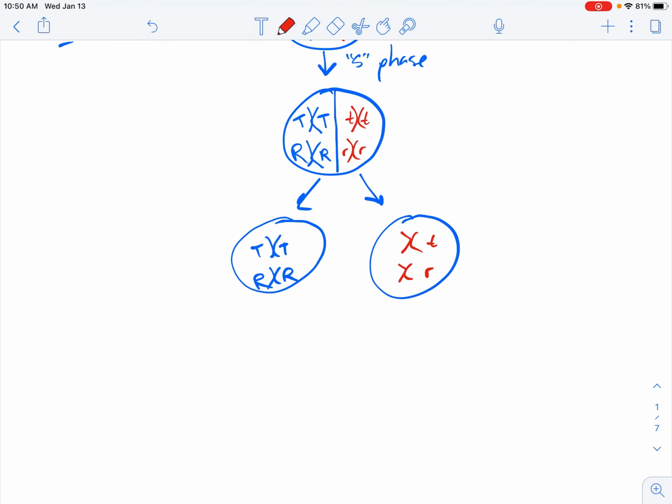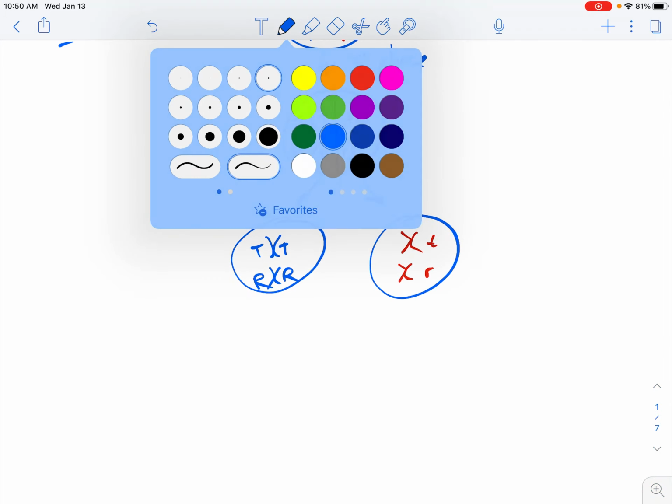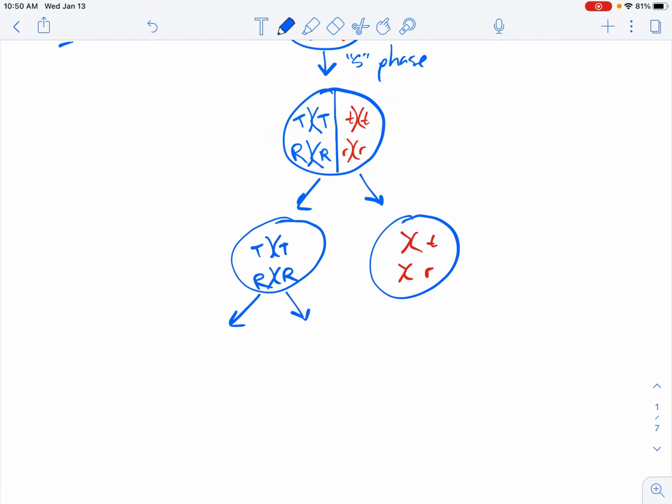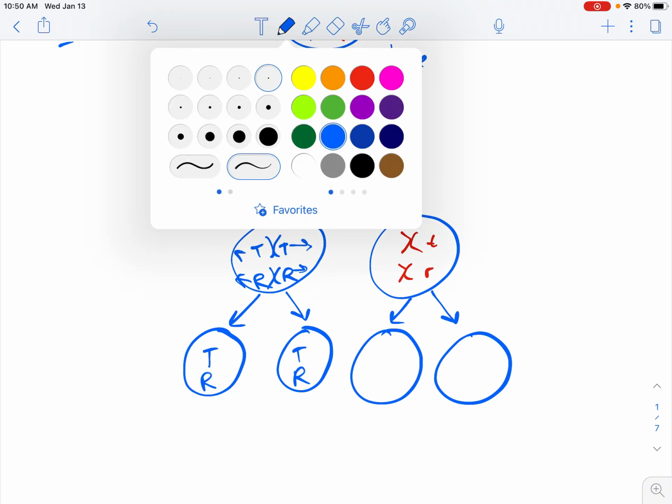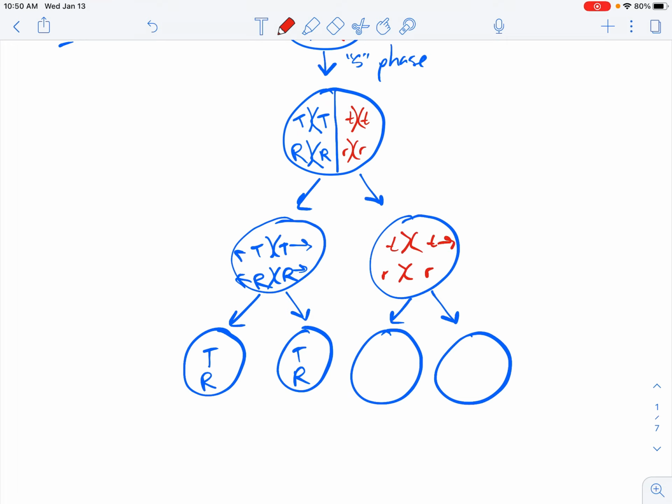Okay, and then these are going to go through meiosis 2, and then these are going to split again, and we're going to end up with 4 cells, right? 4 reproductive cells called gametes, and these are going to get pulled to opposite sides, and we're going to end up with that. And these are going to pull to opposite sides in meiosis 2, and we're going to end up with that. So there you go.